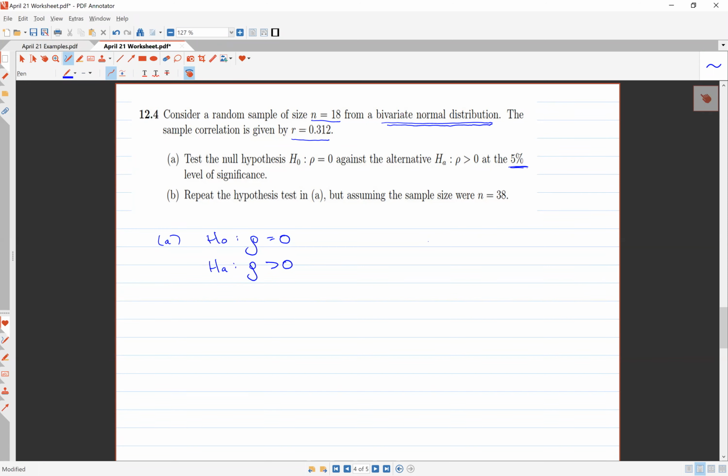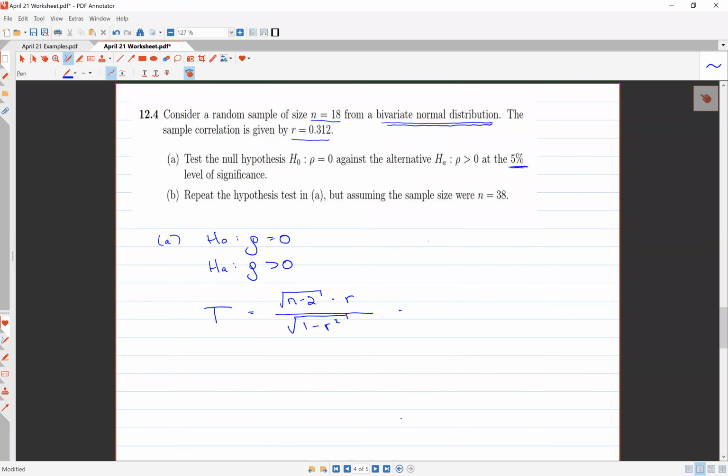Now, the test statistic that we use here, we denote it by big T, and it's calculated as the square root of sample size minus 2 times the observed correlation coefficient over the square root of 1 minus the correlation coefficient squared.